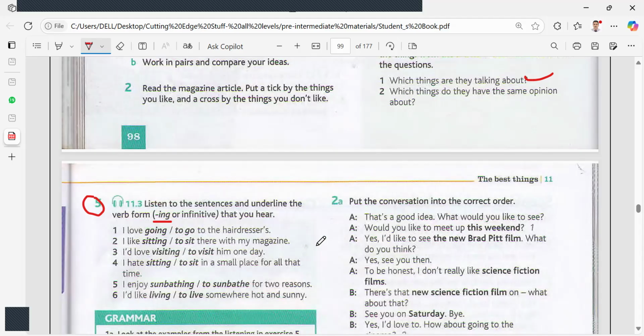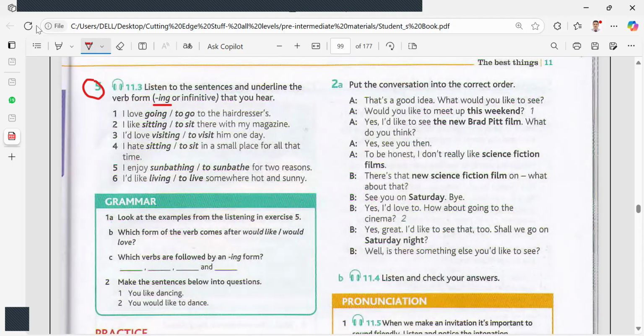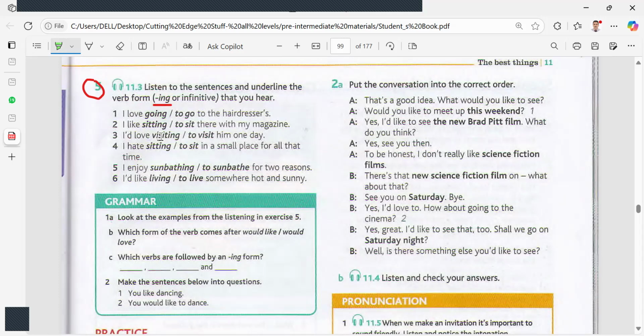Unit 11, Recording 3. 1. I love going to the hairdressers. 2. I like sitting there with my magazine. 3. I'd love to visit him one day. 4.